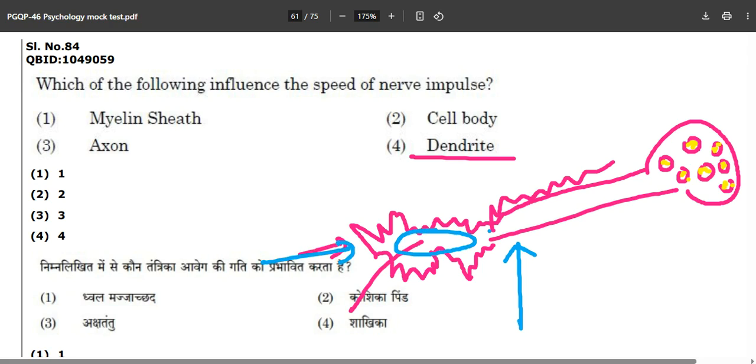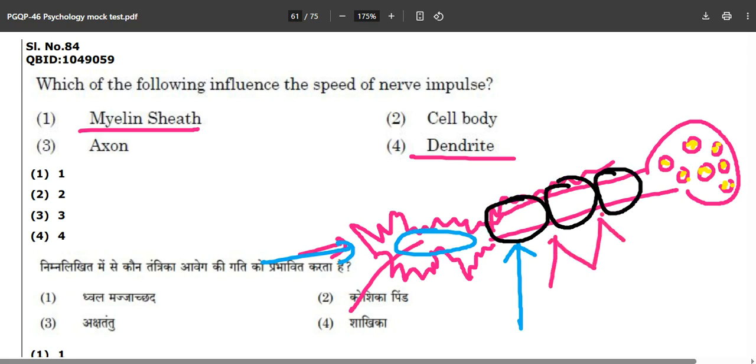Now, where is the myelin sheath? The myelin sheath is over here, like this, having some nodes of Ranvier at the points of contact. These are the nodes of Ranvier, and this black one is the myelin sheath. Now, if there is no myelin sheath, how will the impulse go?